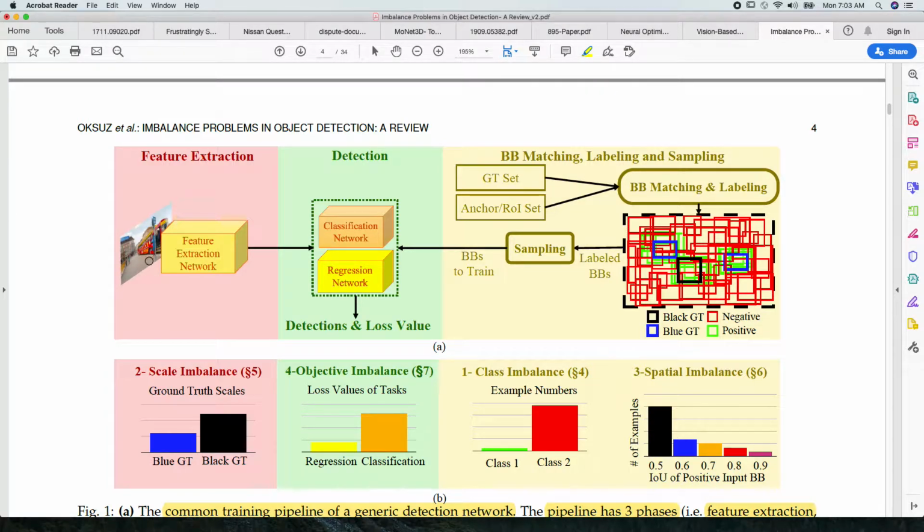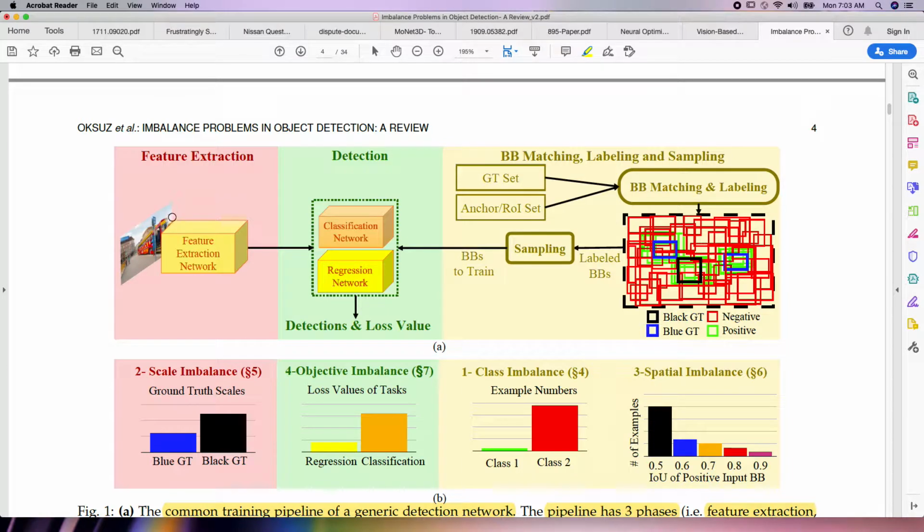So you pass this image through a set of object detectors. Essentially, you use an object detector built on convolutional neural networks, a set of conv layers. So you extract the features. The features we're talking about are essentially a set of numbers, matrices. Then, based on the feature map, you can now do both classification and regression.